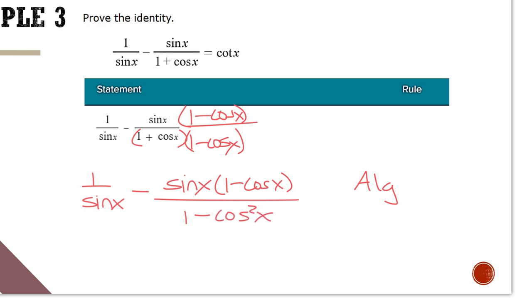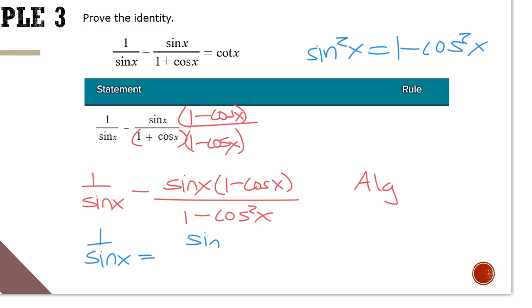So the reason why that is extremely nice is because this changes into a sine. Remember our Pythagorean identity of sine squared: when we subtract the cosine squared to the other side, we get that sine squared is 1 minus cosine squared. So what we can then do is 1 over sine minus sine of x times 1 minus the cosine of x over the sine squared of x, which is that Pythagorean identity.